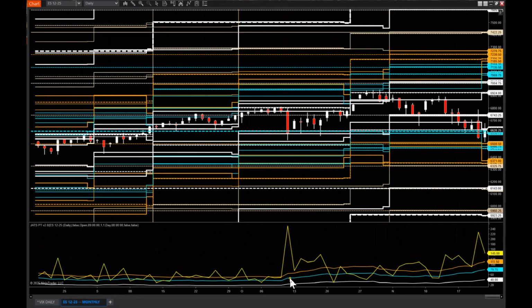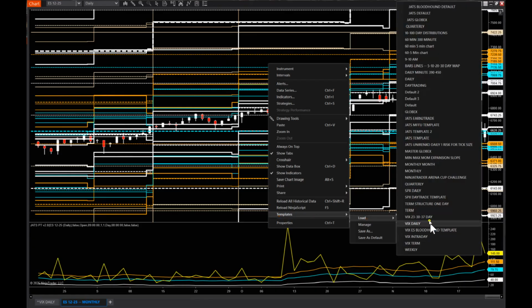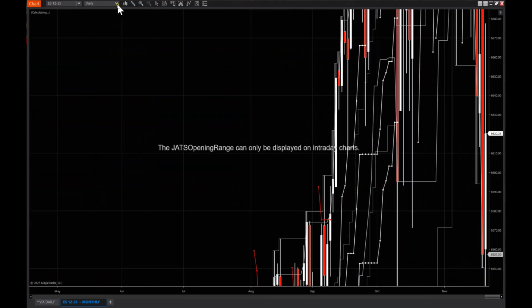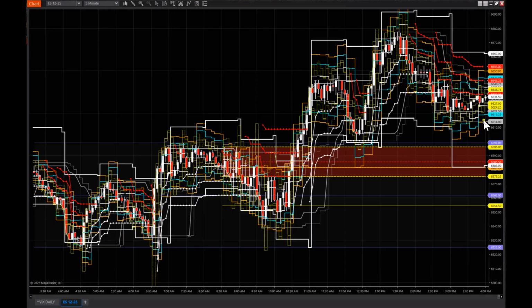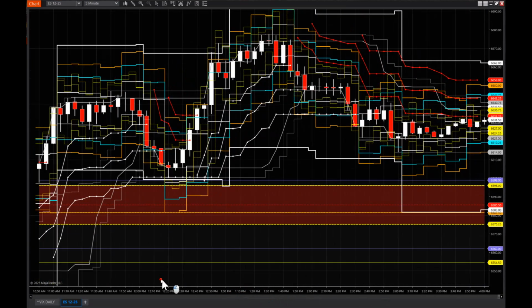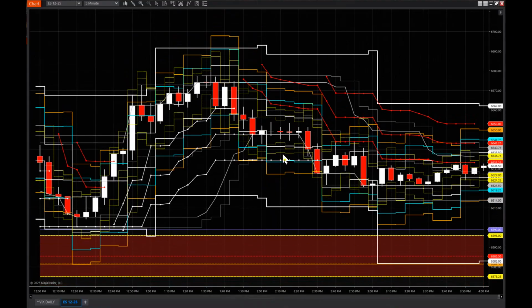But just for a day trading template, you can set this up many different ways. I use my own super trend indicators.